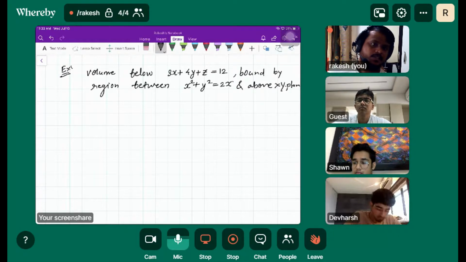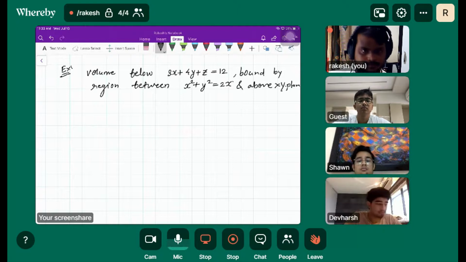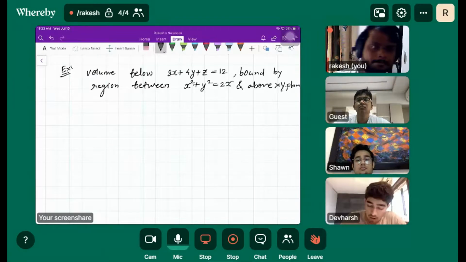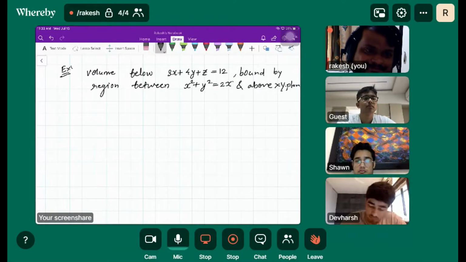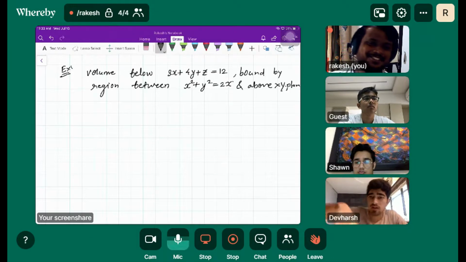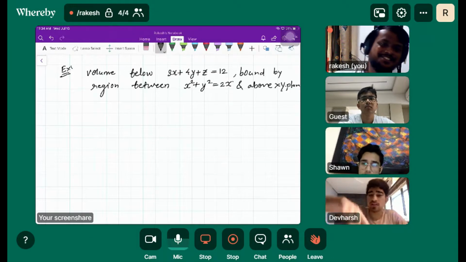So what is x square plus y square is equal to 2x? Is it a cylinder or cone? It's a cylinder. It's a circle.